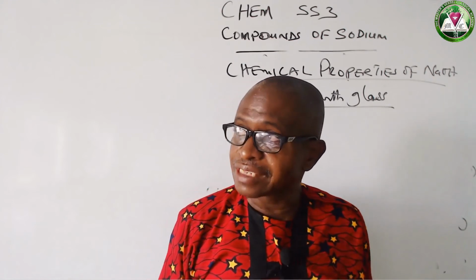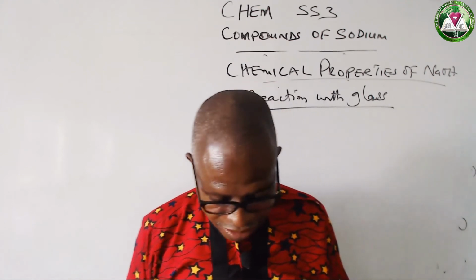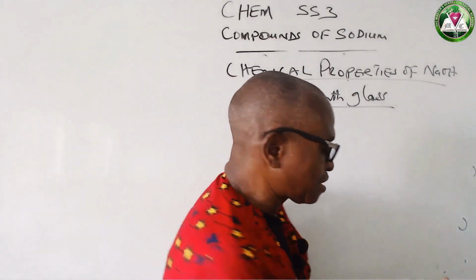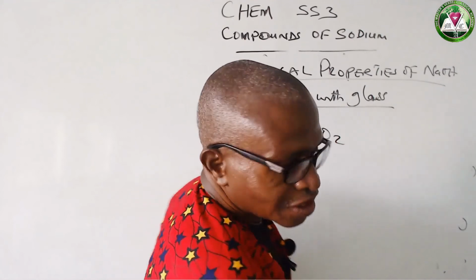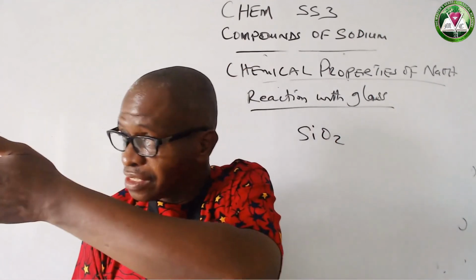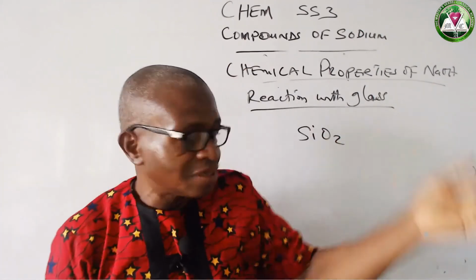Why it attacks glass is because glass contains silica, and silica is SiO2. Simply put, silica is the major component of sand.